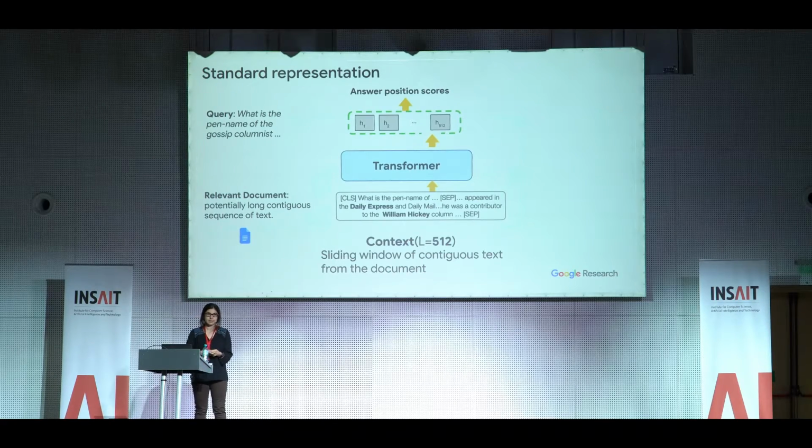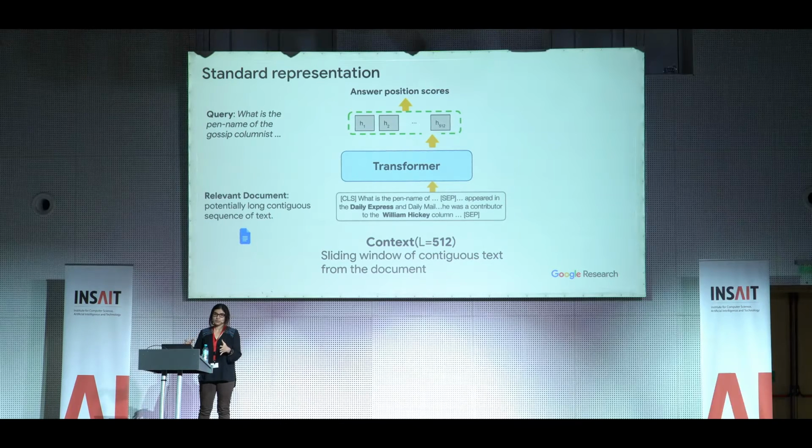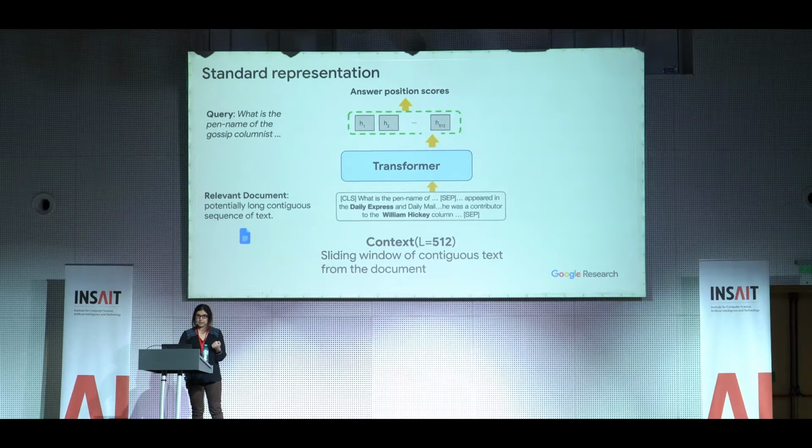A standard approach for question answering would take a document and read it in chunks, for example, of 512. They have to be chunked because otherwise it's very expensive. And compute representation of each slice, and then compute probabilities for answers at each position.